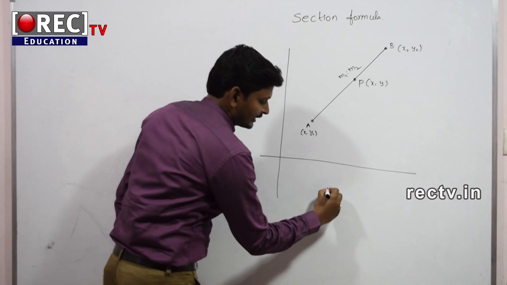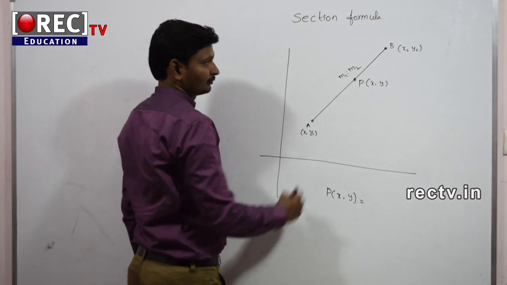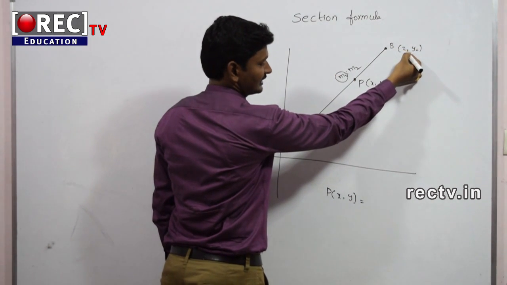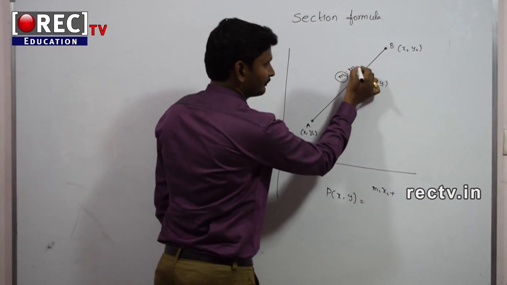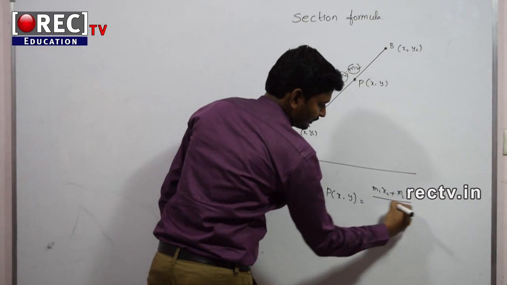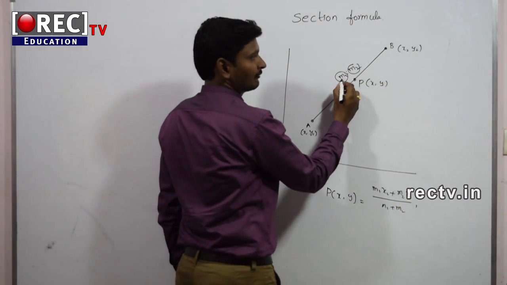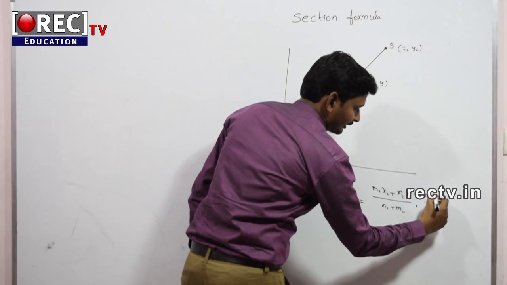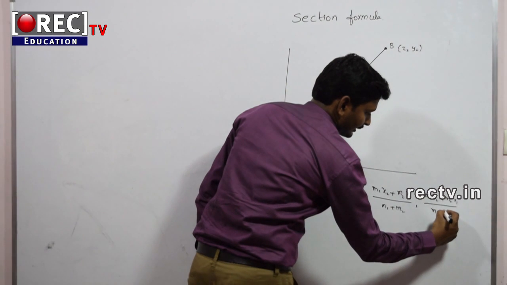Then the coordinates of the point P, (x, y), are equal to: m1 into x2 plus m2 into x1, divided by m1 plus m2, comma, in a similar way m1 into y2 plus m2 into y1, divided by m1 plus m2.